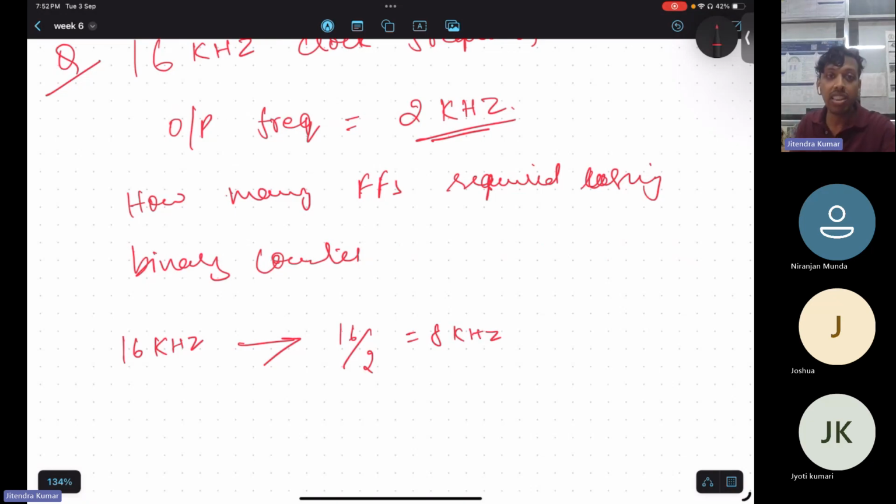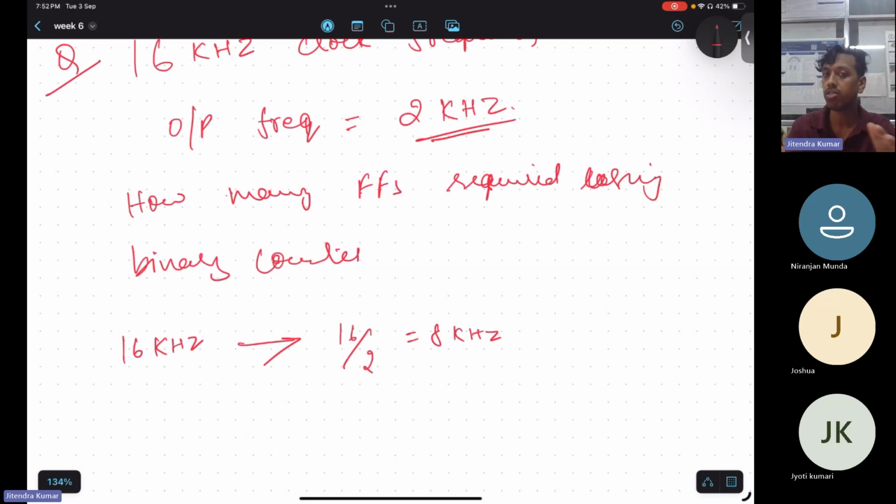But in a binary ripple counter, there are certain limitations: you can count up to the value of 9, right? At 10 it will reset. So the time period you will have to calculate accordingly. For that, we have to check when the output becomes 10, basically 1010, right?